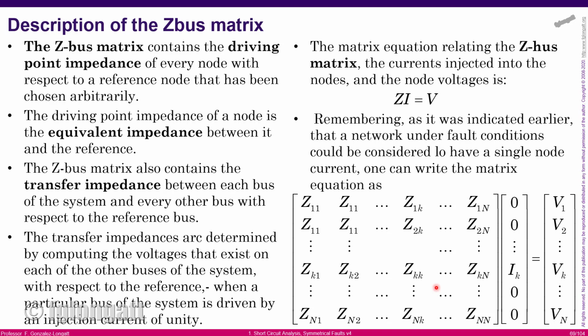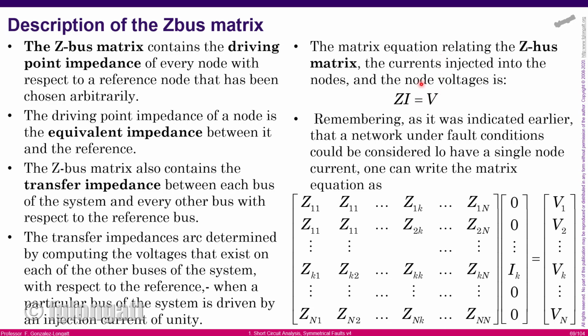It's a square matrix, and that square matrix comes basically from the application of Kirchhoff's voltage law. Here Z represents the impedance matrix, I represents the current vector, and V represents the voltages.